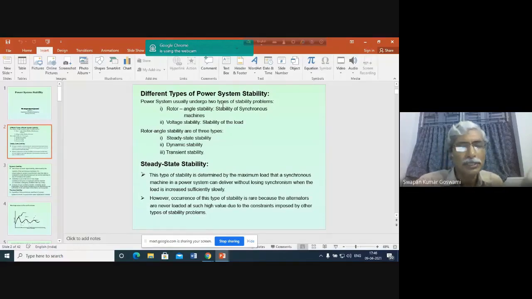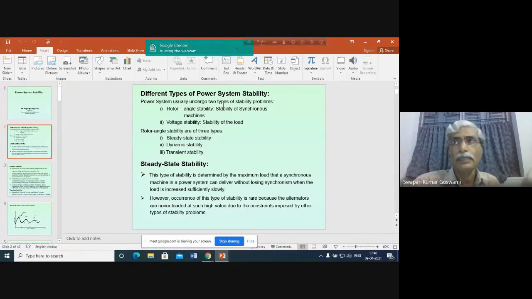What is responsible for rotor angle stability? It is the unbalance between the active power generation and active power demand. When that unbalance is very small, it becomes the problem of maintaining the frequency. When the unbalance becomes somewhat larger, then it becomes the problem of maintaining the stability of the power system.